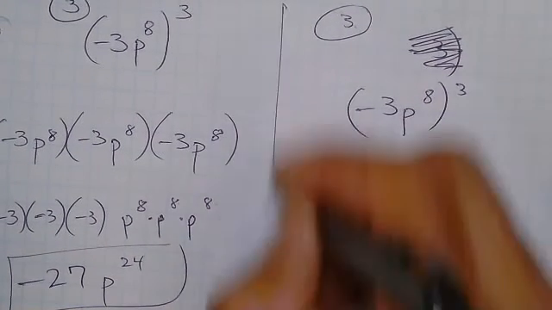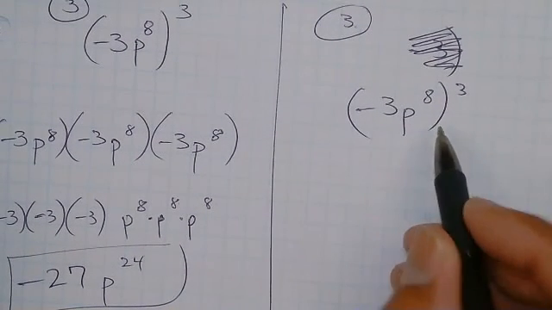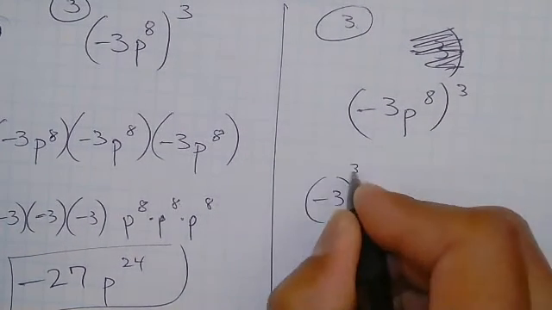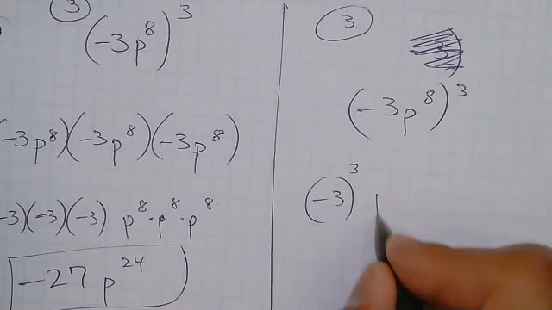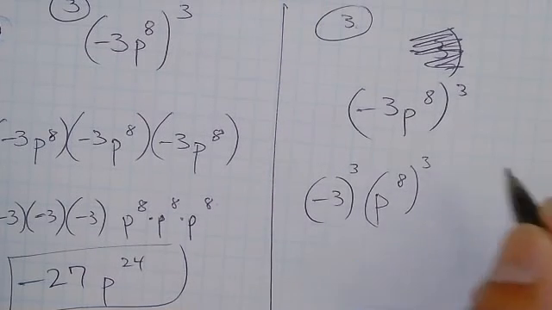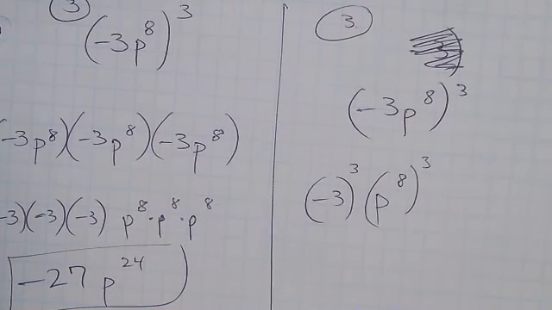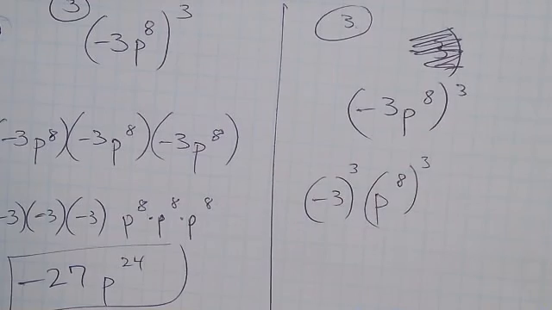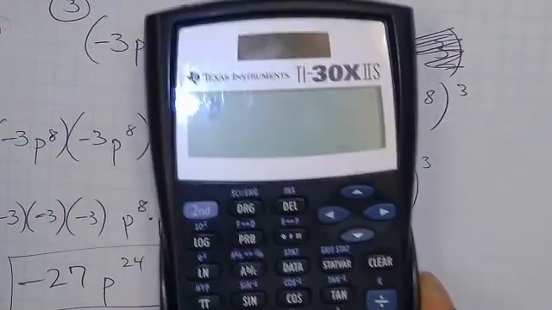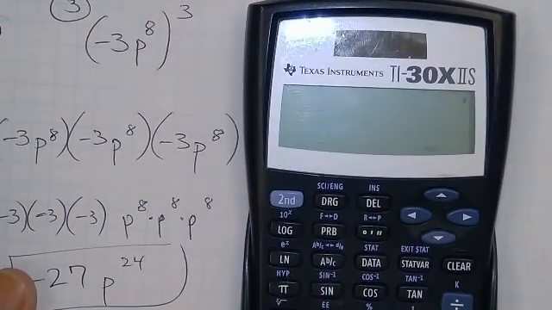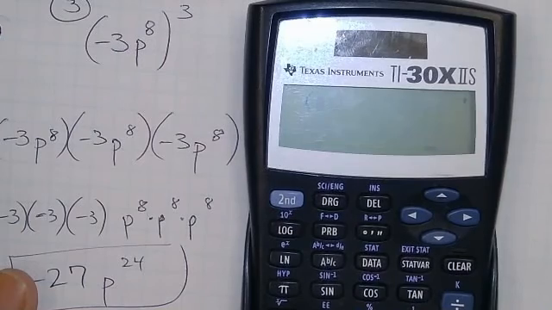All right. Now let's do this same problem. We're going to get the same answer doing it with the power rule. What is the power rule? Well, negative 3 to the power of 3 and p^8 to the power of 3. When you have negatives, you got to use the parentheses in the calculator. Or else you probably won't get the negative answer.